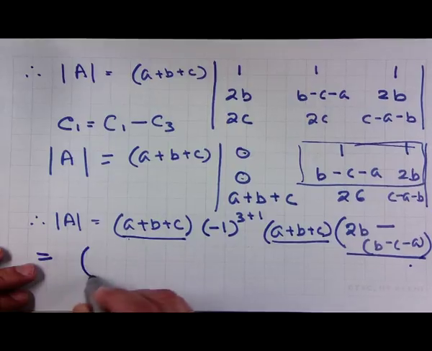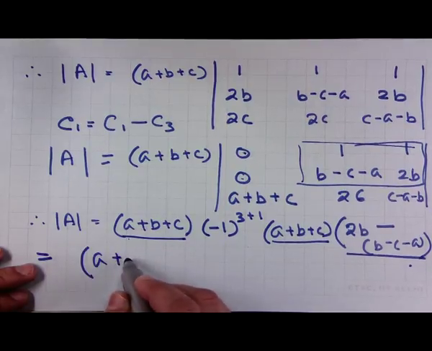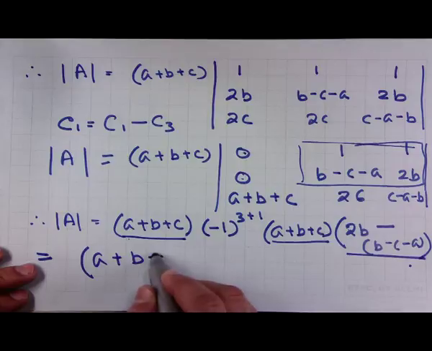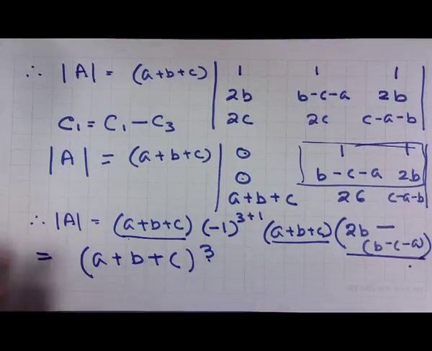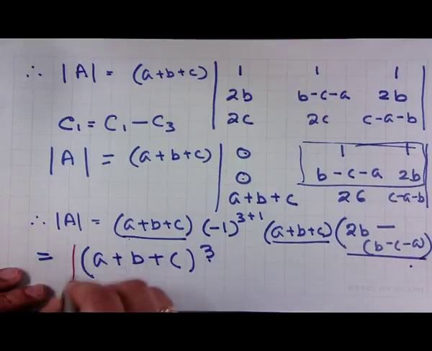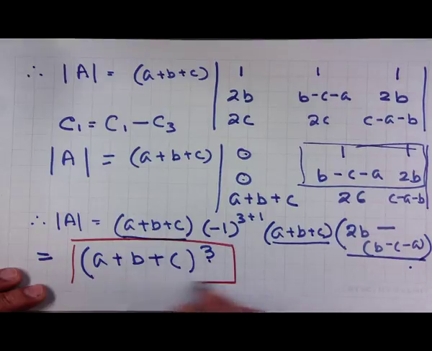Therefore, the answer is A plus B plus C whole cube. So, that is the answer.